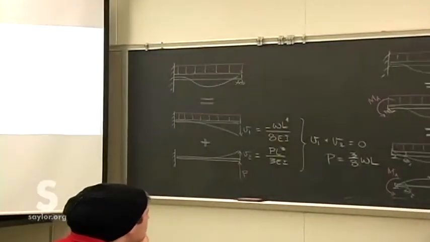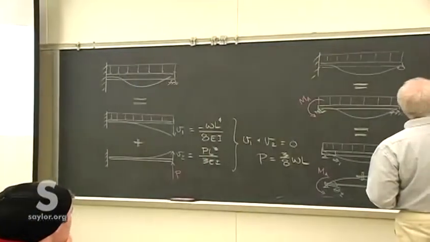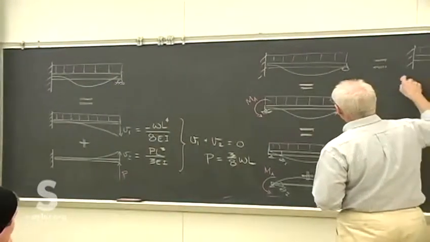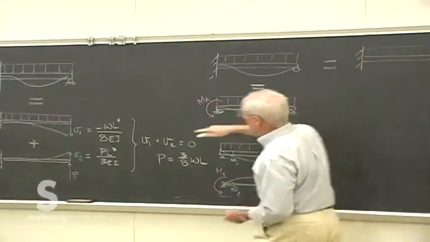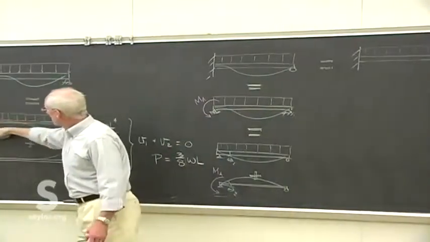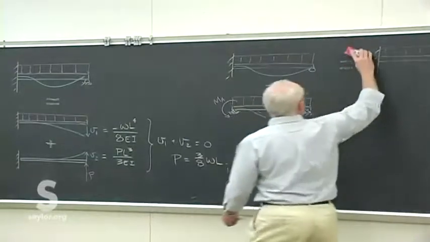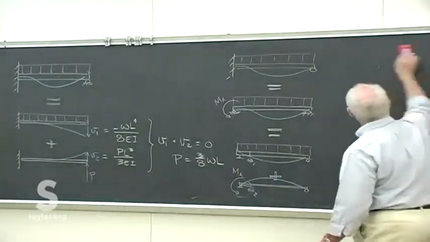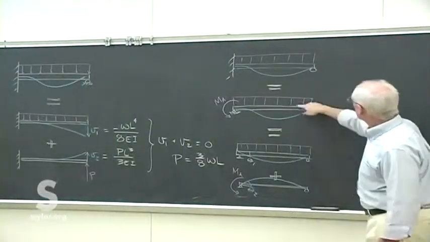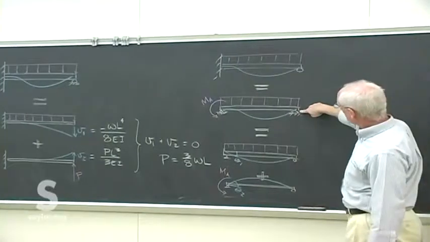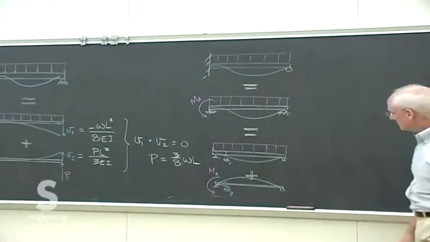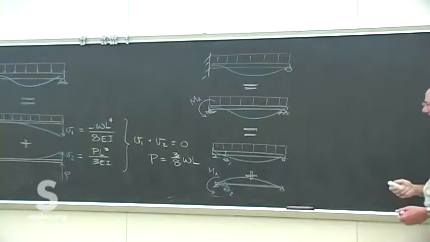Well, no, it wouldn't be, because P's all the way down on the other side. If we did this, we're not going to get the moment at the wall. So this isn't going to suffice. We had to bring the moment into it, so we had to remodel it and then split that into the superposition.